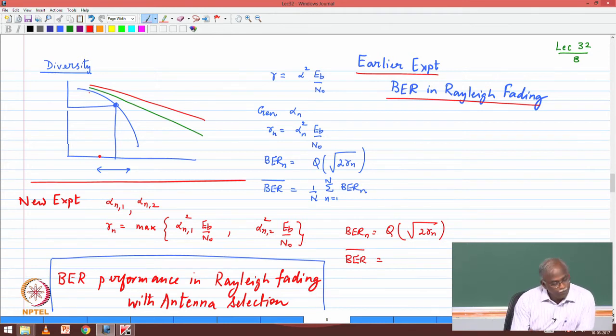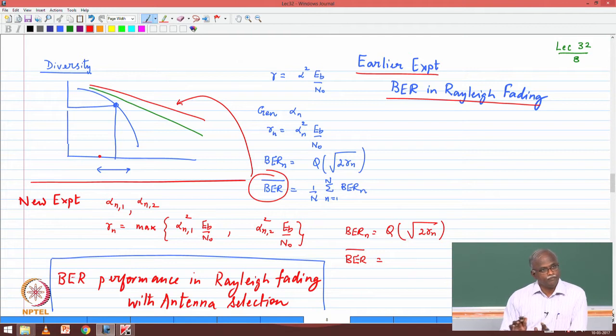You computed the corresponding BER for the instantaneous SNR value, then repeated this experiment multiple times and took the average. This average BER is what was reflected by this graph. I hope you are comfortable.